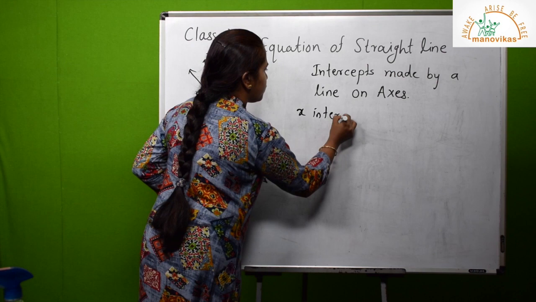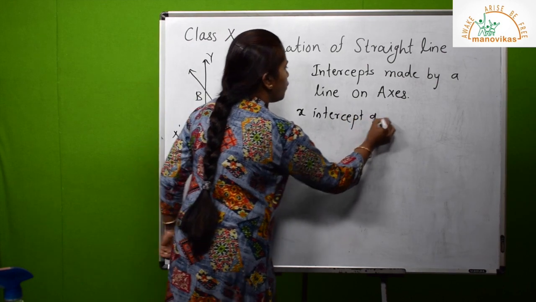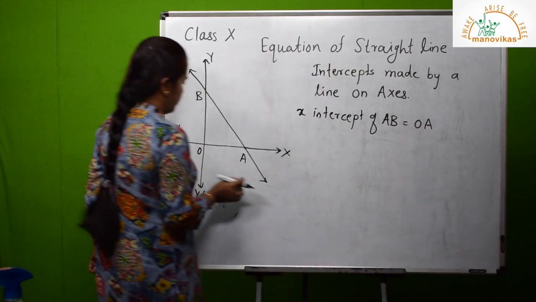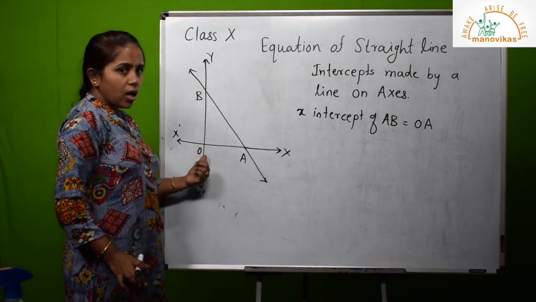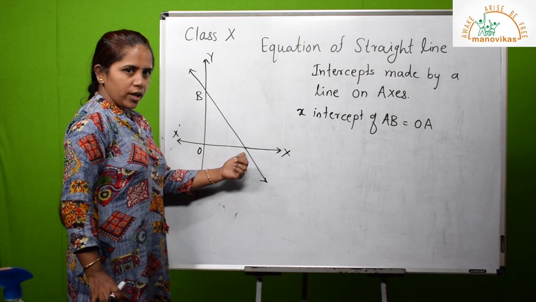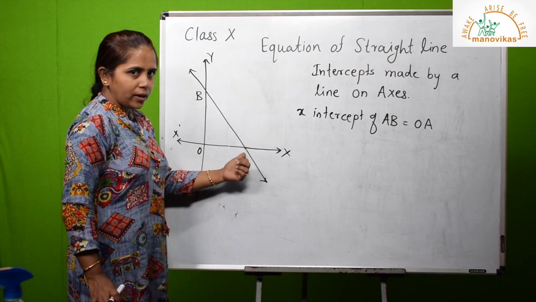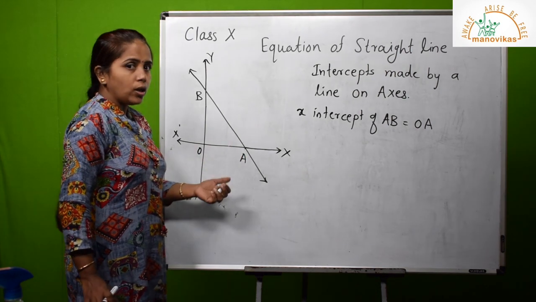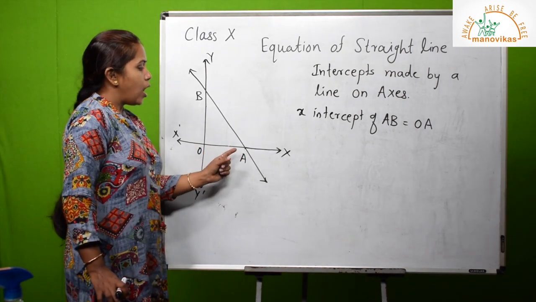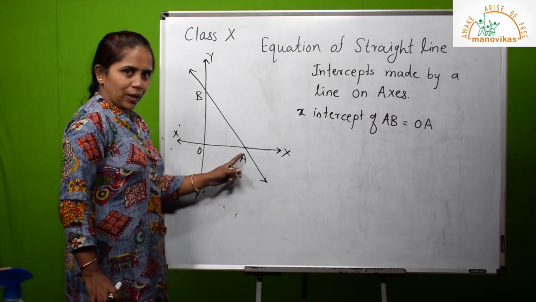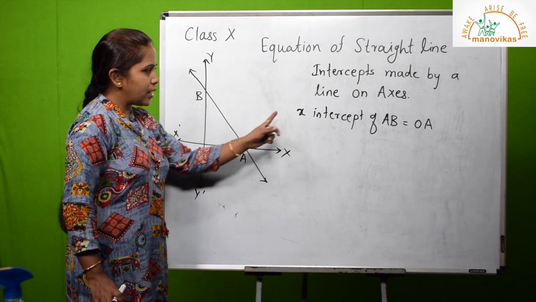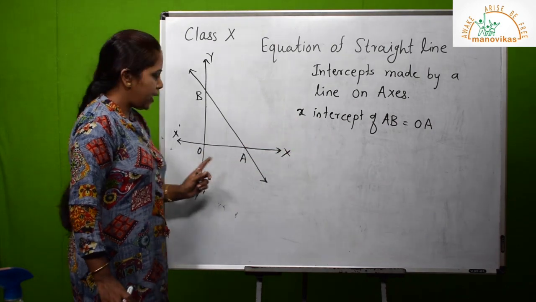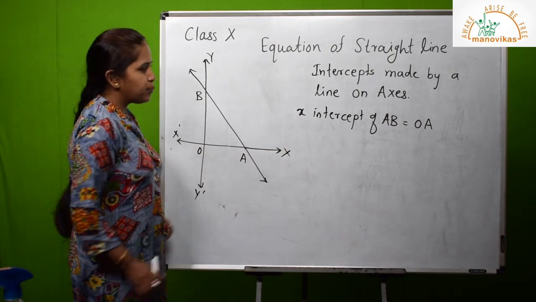X-intercept of AB is nothing but the distance OA. Distance between the O and the point where the line intersects x-axis, OA. Or in short you can write the x coordinate of that point, that is x-intercept. So here x-intercept of AB is OA.